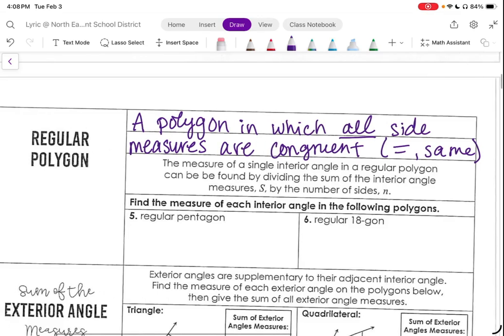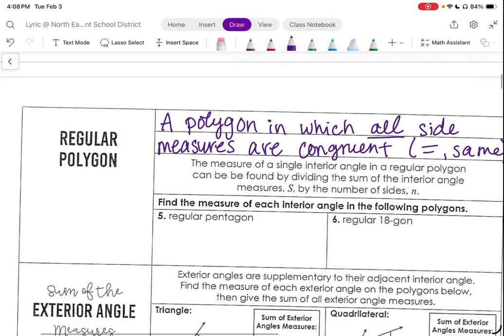So because all the sides are congruent, what do you think that means for our angles? If all the sides are the same measurement, the same length, what do you think that means for the angles?